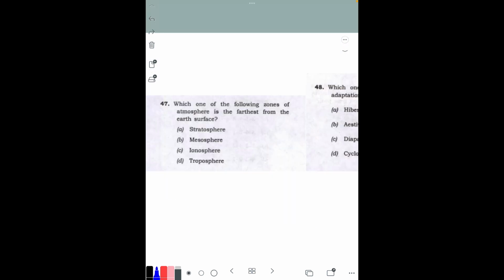Number 47. Which one of the following zones of atmosphere is the farthest from the Earth's surface? So let us see the layers of atmosphere. So at first comes troposphere. Then comes stratosphere. Then comes mesosphere.